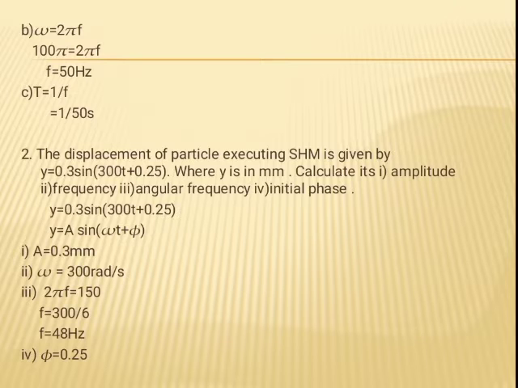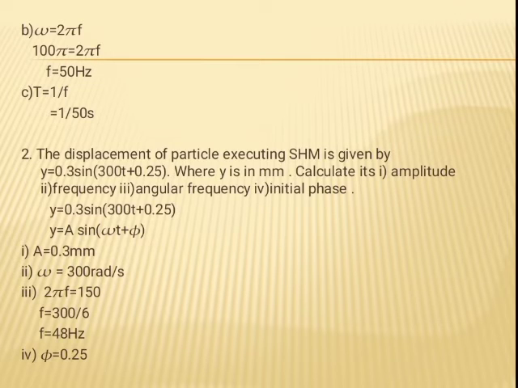Always remember, it is the value which tells you the value of the sine function when your time is 0 and your x will be equal to 0. So that is what you call the initial phase.